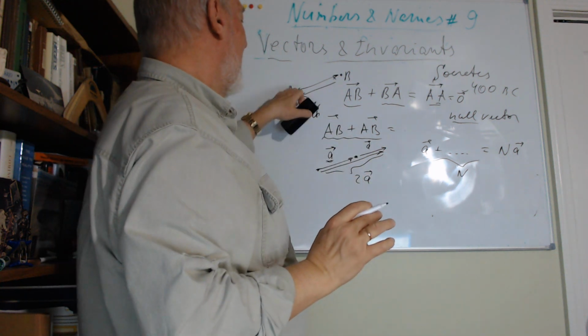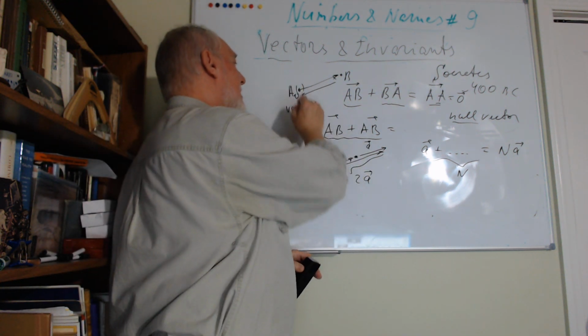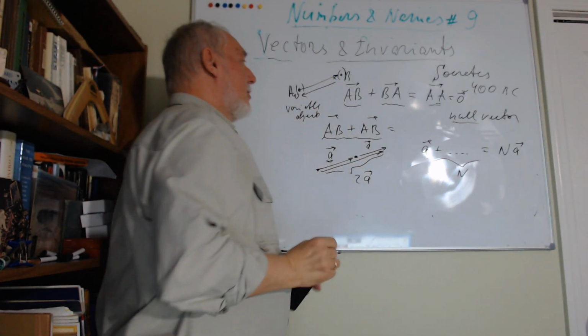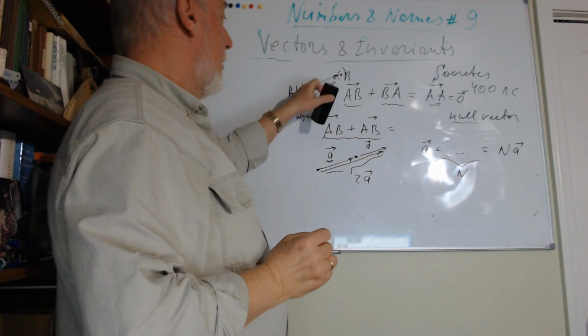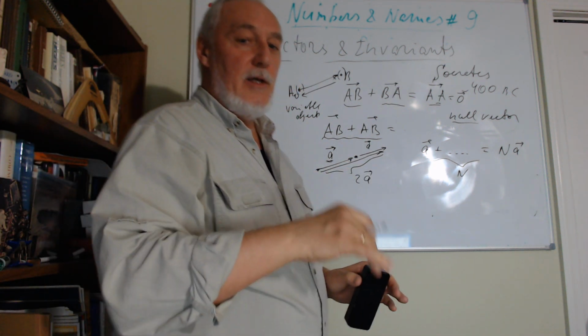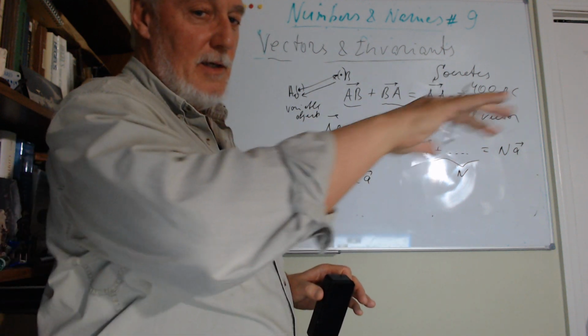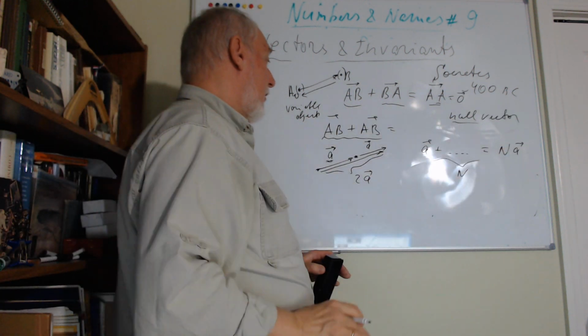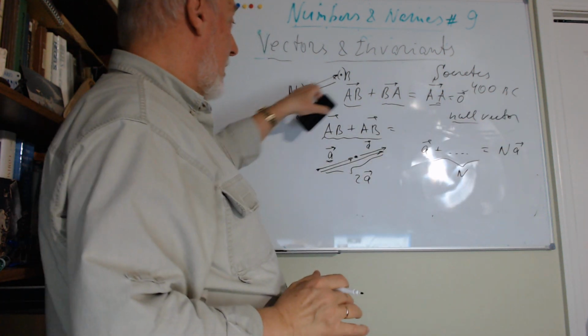You can put any object into this place, and it will result in some other object in this place. But the process itself will be the same. It's like the same mill, you know, you just put a different type of grain into it, and you get a different type of flour out, right? But the process is still the same.